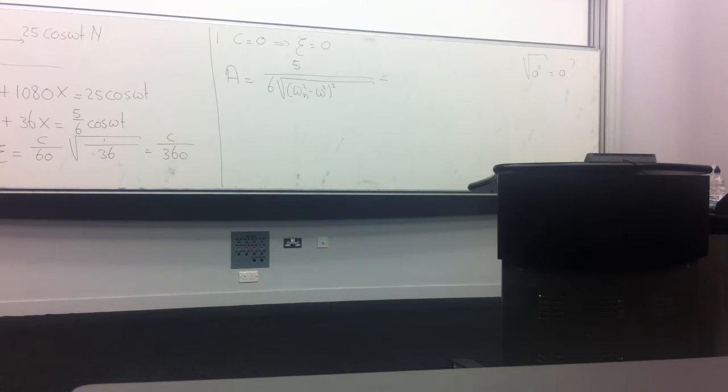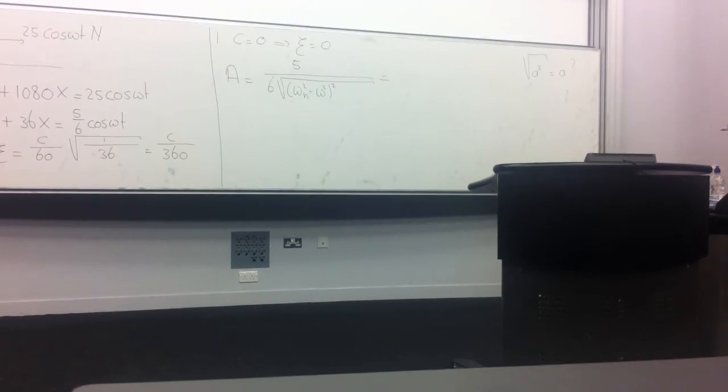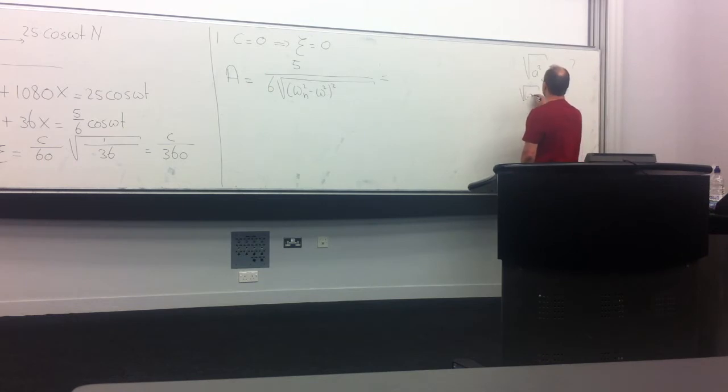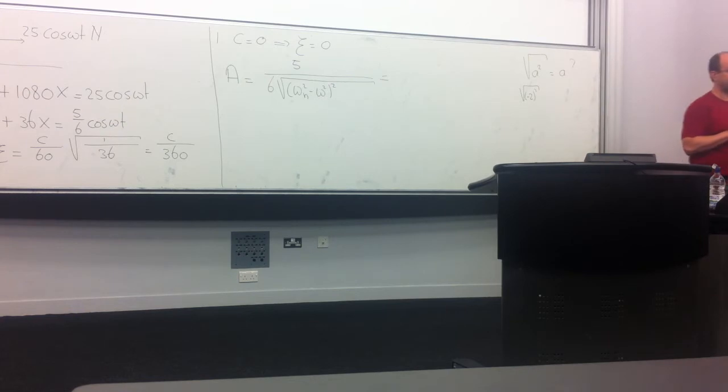Square root is defined to be positive, always. So what is the square root of minus 2 squared? 2. Square root is defined to be a positive number.